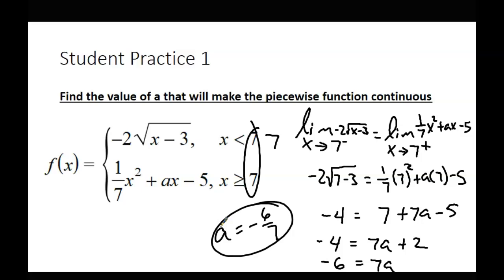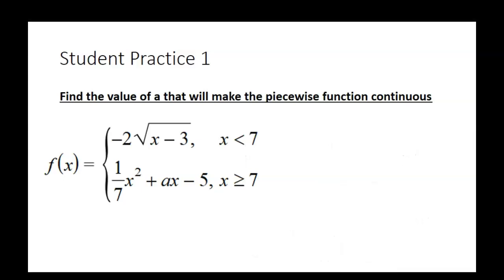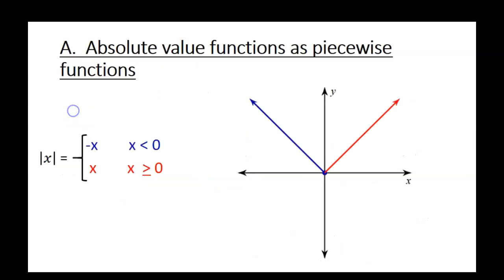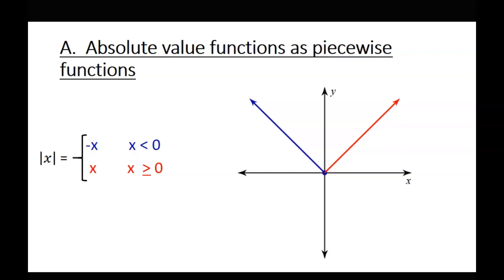All right. Let's continue our journey here. I don't want you guys to write this slide. I just want you to watch with me for a second. So you guys know that absolute value functions look like a V, right? So this is the graph of y equals the absolute value of x.